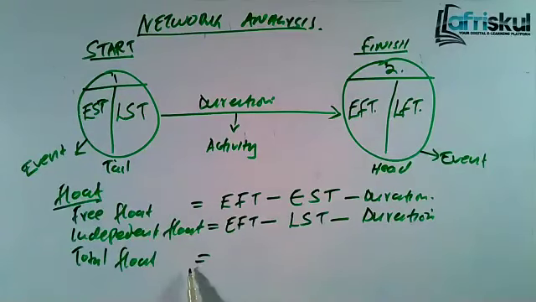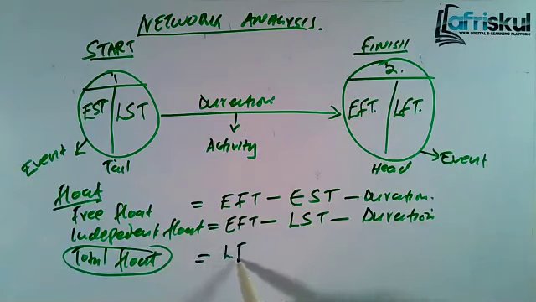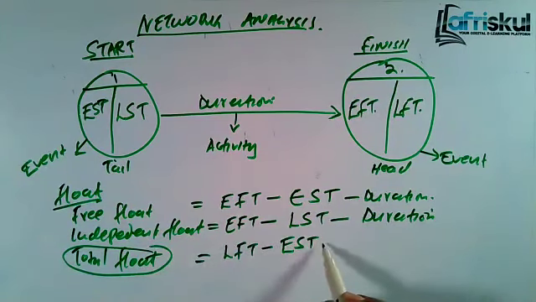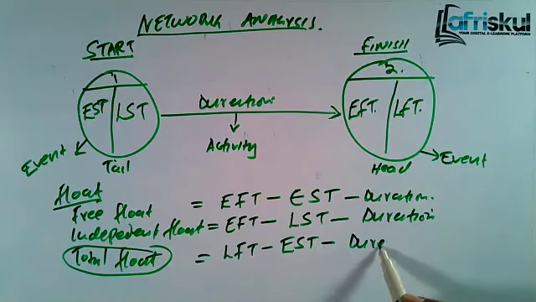Then we have the total float. The total float is the most important, so I want you to note it. This is how we get the total float: the latest finish time minus the earliest start time minus the duration. Total float is the time through which an activity can be delayed without affecting the entire project completion time.